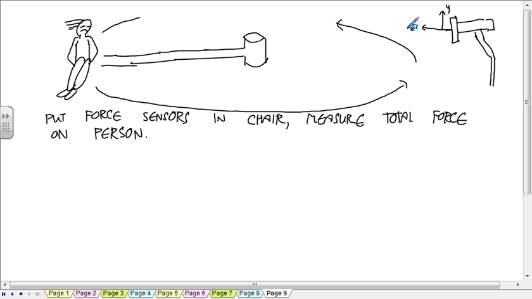Let's call this camera A. And we're going to set up another camera that rotates with the chair, called camera B.